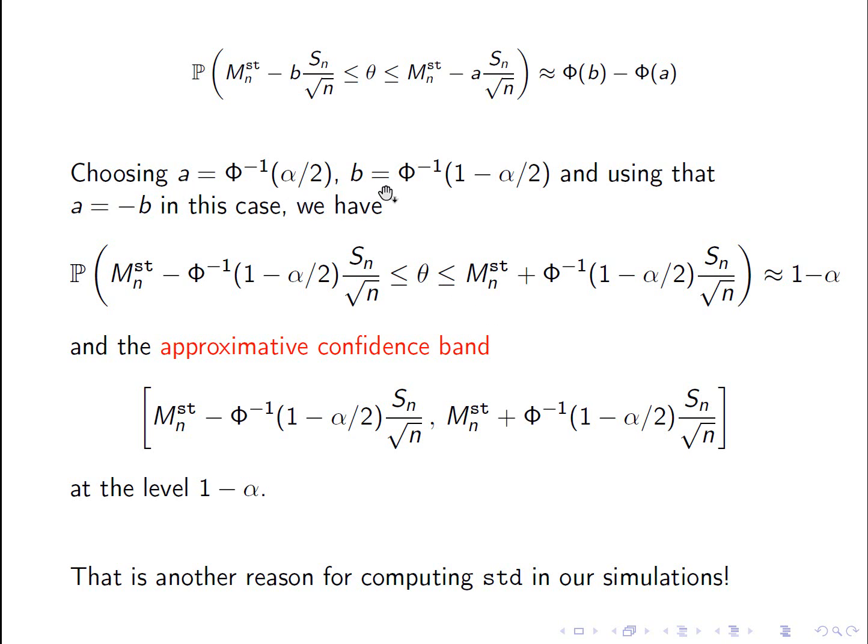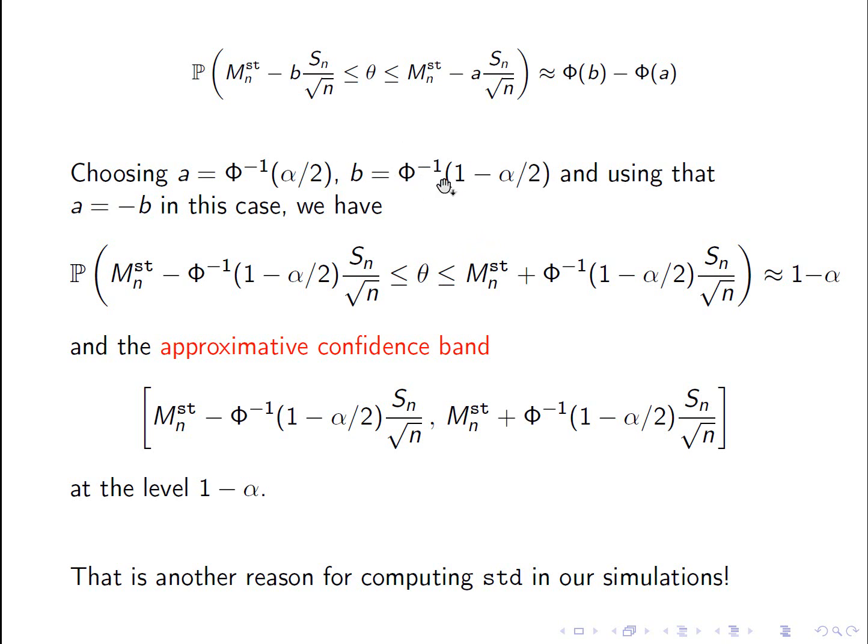In confidence bands you start with a small alpha, and you want your estimate to lie in your confidence band with probability 1 minus alpha. So we choose a as the inverse distribution function of the standard normal distribution evaluated at alpha half, and b as the inverse distribution function evaluated at 1 minus alpha half.